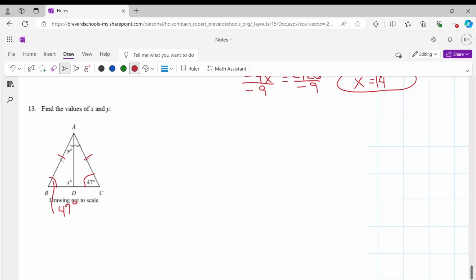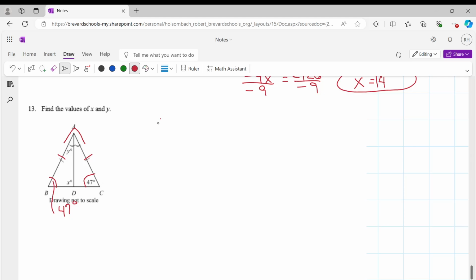So angle Y is the same in both of these small triangles. So if we find this big angle measure up here, and we divide it by 2, it'll give us Y. So I'm going to call that angle A for right now, the big angle up top of the big outside triangle.